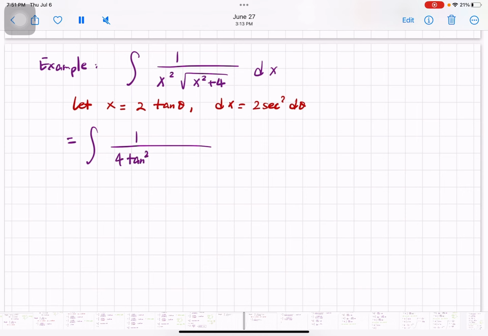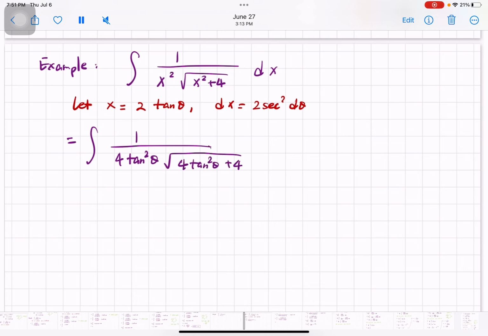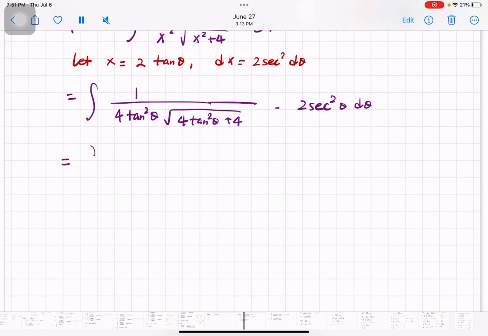Replace the x's. We get 4 tangent squared theta for the x squared, and the square root of 4 tangent squared theta plus 4 for the square root of x squared plus 4, and dx is 2 secant squared theta d theta.